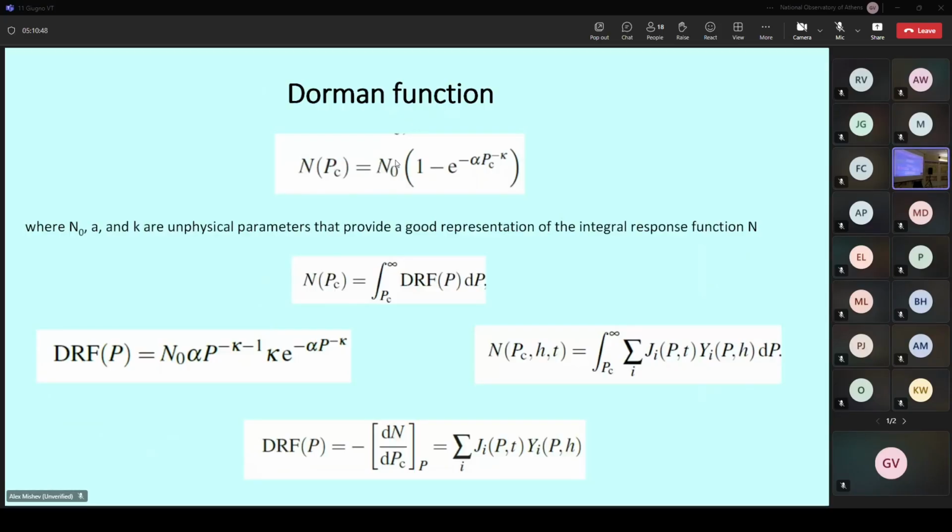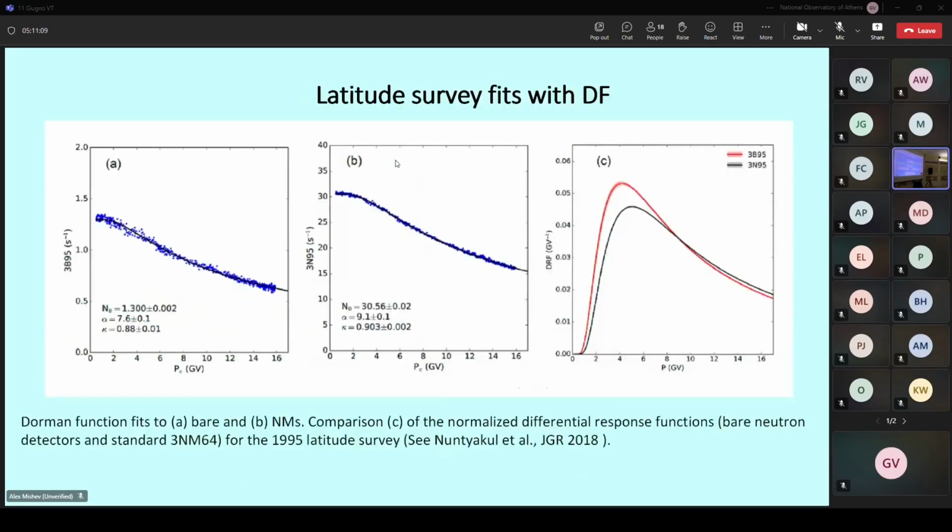First, it is obtained against galactic cosmic rays, and we know the SCPs have different spectra. So if you take the Dorman function and perform certain analysis, it can be very inaccurate, at least according to my experience.